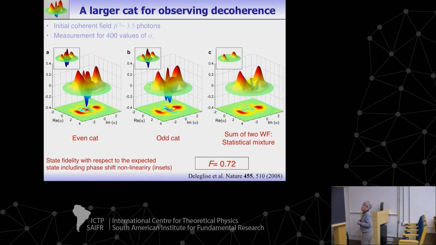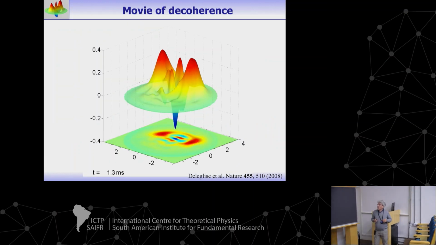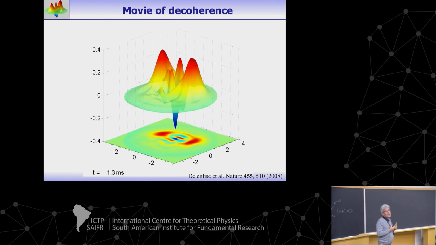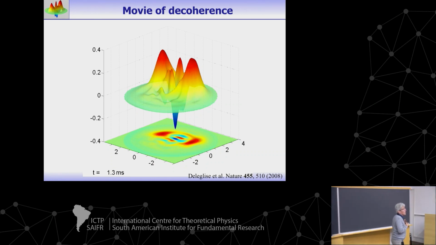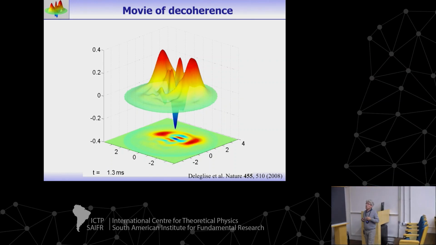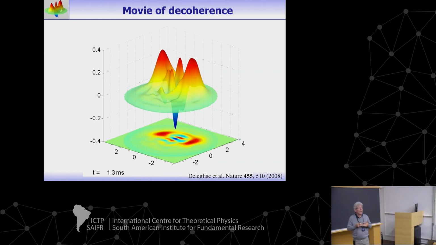Just for finishing, we then performed a last experiment in which we monitored the decoherence of a Schrodinger cat state as a function of time. We basically prepare an even Schrodinger cat state and look at its decoherence as a function of time by reconstructing its Wigner function, or its density operator, at different time delays between preparation and detection.